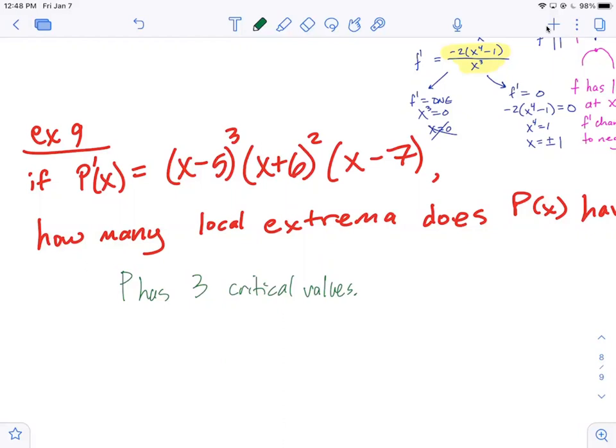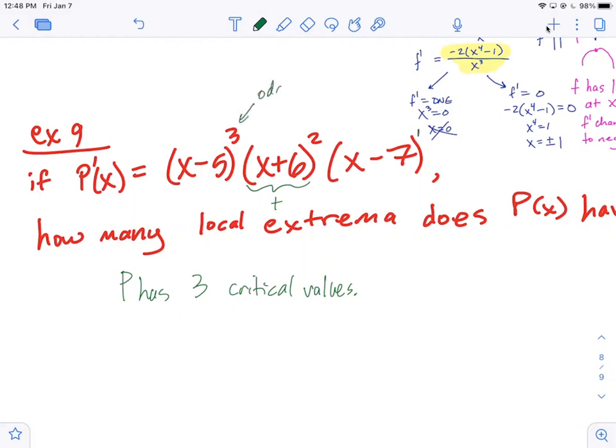For those of you who actually did the number line chart, I'm not going to do the number line chart. But what you should notice is every time you plugged in, the middle factor gave you a positive term, right? So I mentioned this the other day, the exponents on the two factors that are odd.